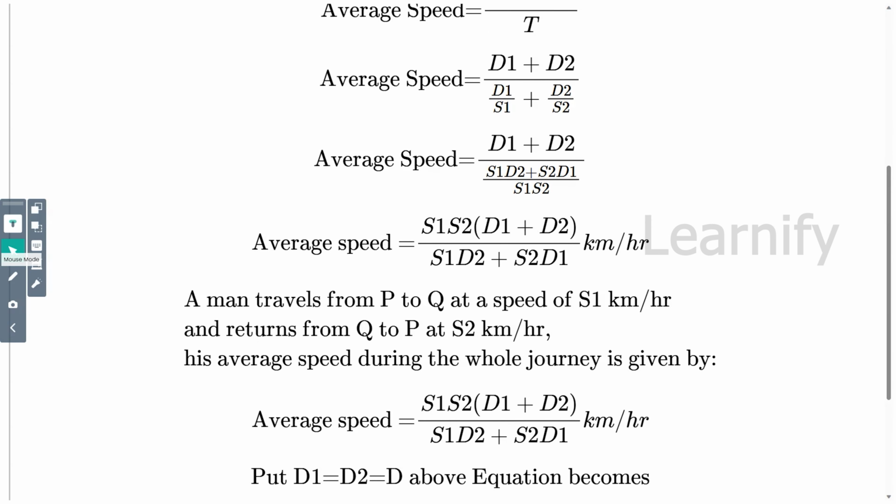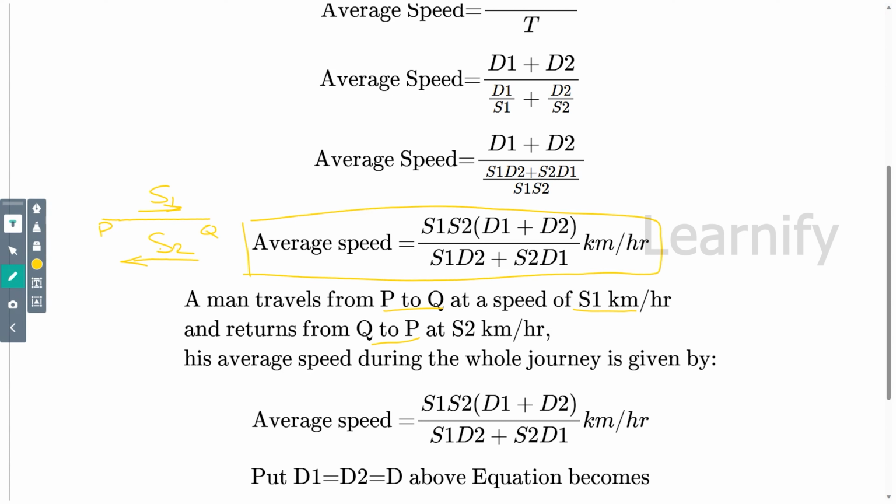A man travels from P to Q with speed S1, and from Q to P with speed S2. During the whole journey, what is the average speed? The basic formula of average speed is this one.